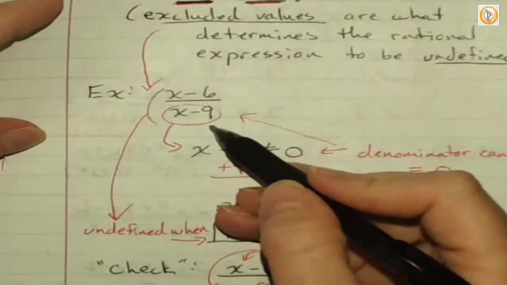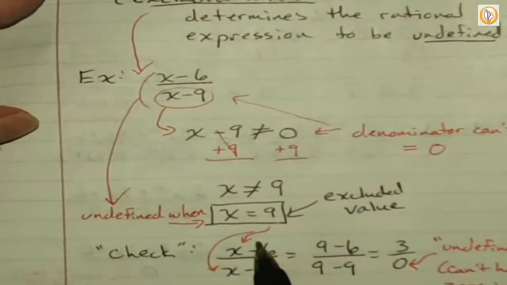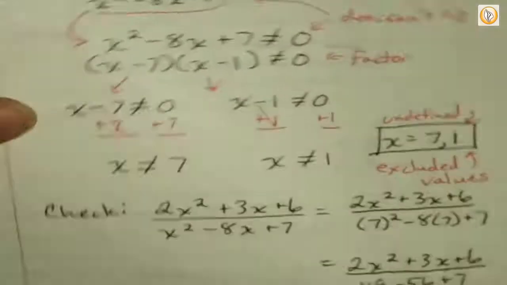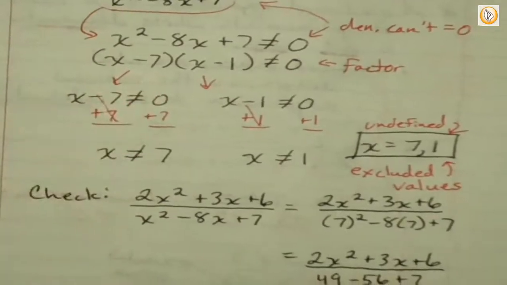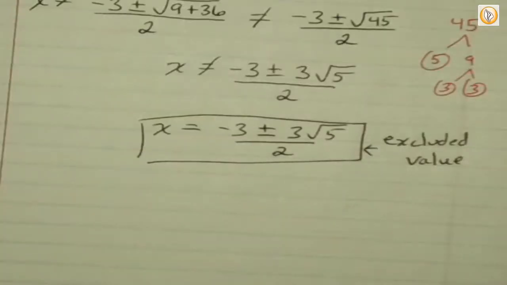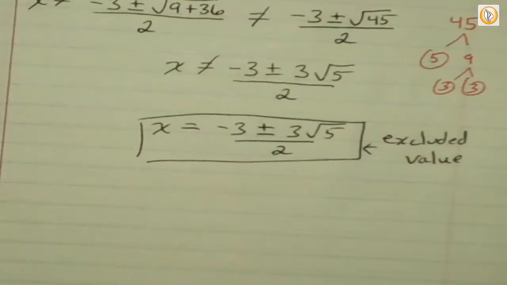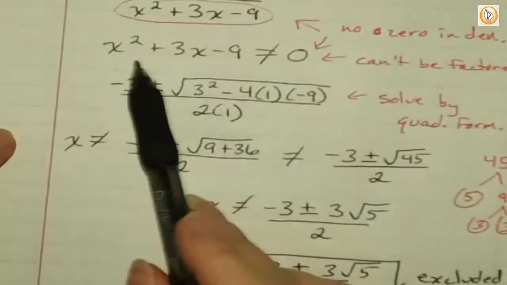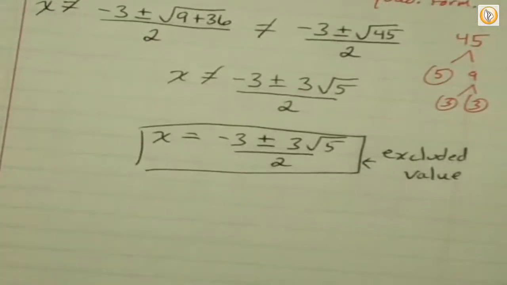Just put this not equal to 0 and solve. That's easy. You could have one where all you have to do is factor. That's not bad. Or you could have one that ends up like this. If you cannot factor it, then, like before, you've got to do the quadratic formula. Any questions? I'm not done yet.